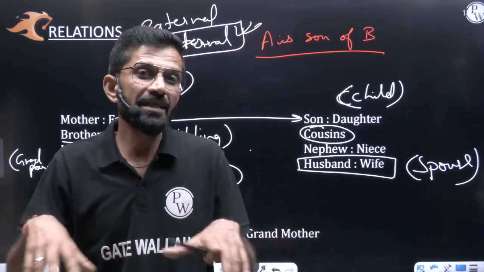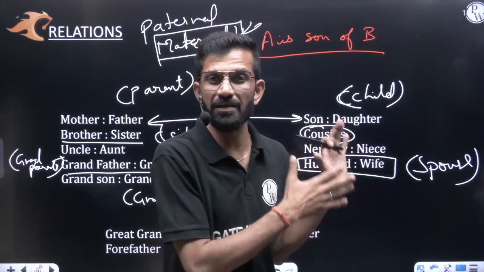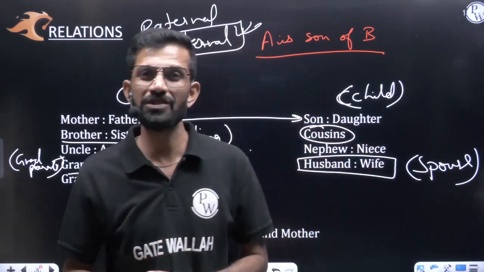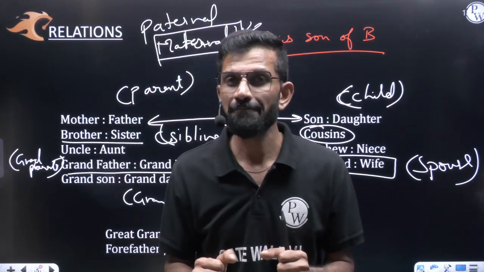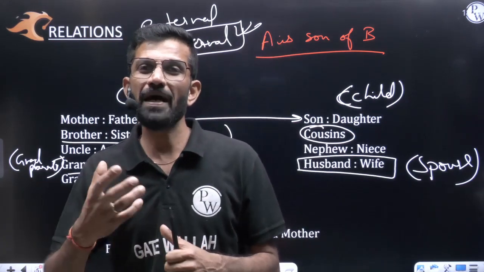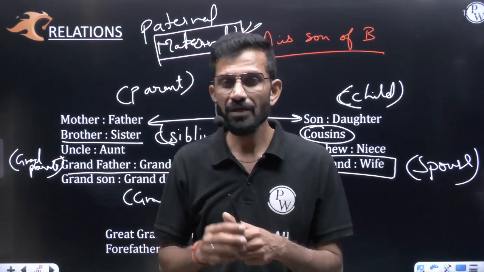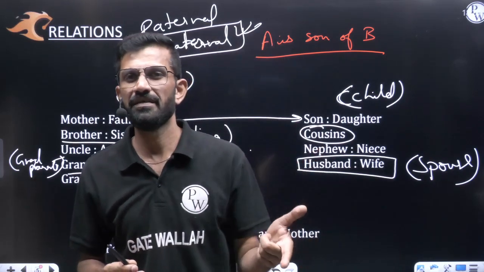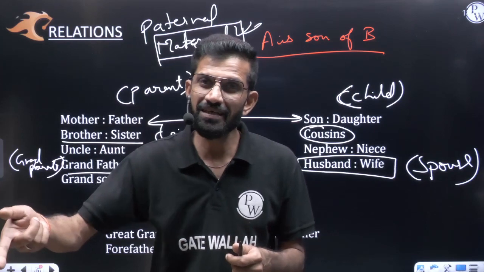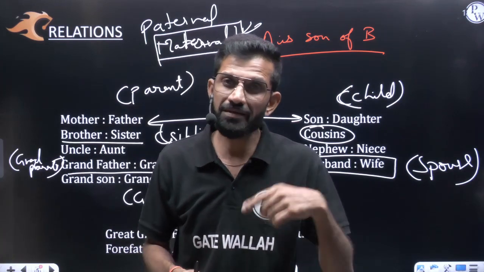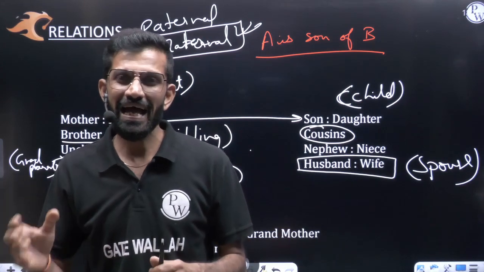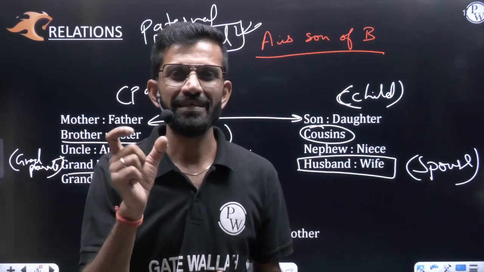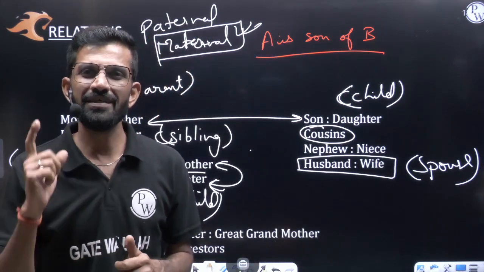Now, in my generation, who is there? I'll explain generation further in a later slide. But let us understand, in my generation, my brothers and sisters are there. So brother's son, nephew. Sister's son, nephew. Brother's daughter, niece. Sister's daughter, niece. Nephew is a masculine gender, niece is a feminine gender.